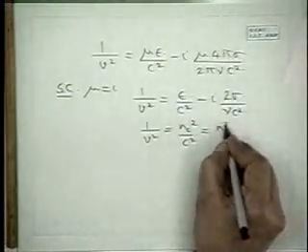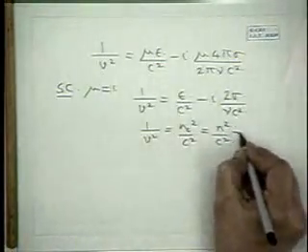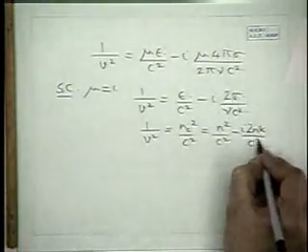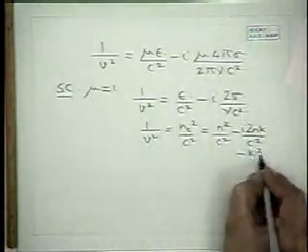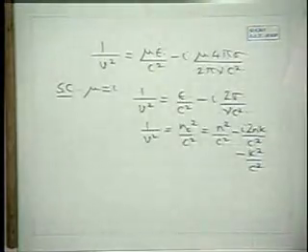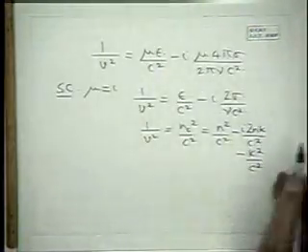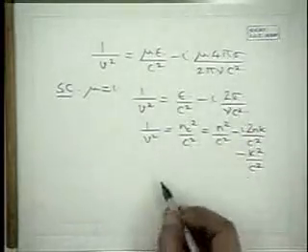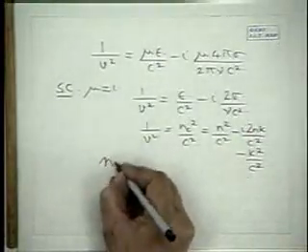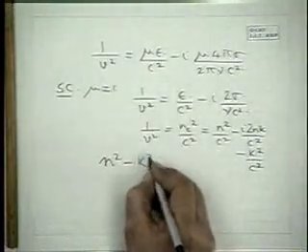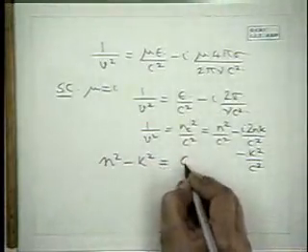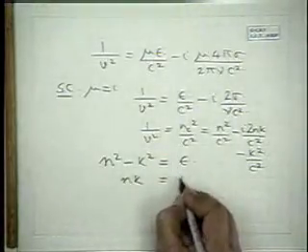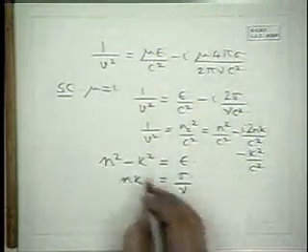This is n squared over c squared minus i twice nk over c squared minus k squared by c squared. So we can equate the real and imaginary parts and we get a very well-known expression. N squared minus k squared is equal to epsilon, and nk is equal to sigma by nu.